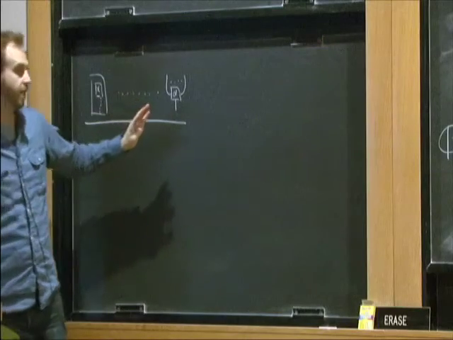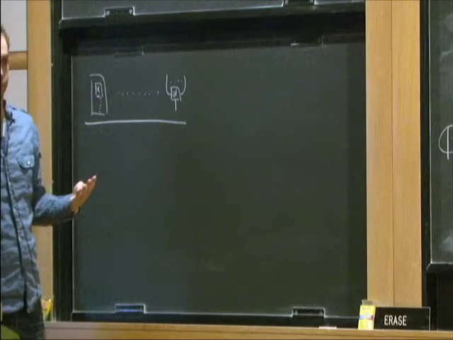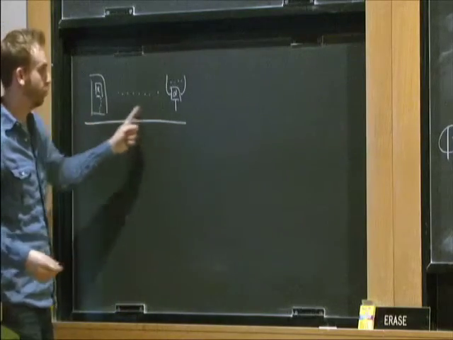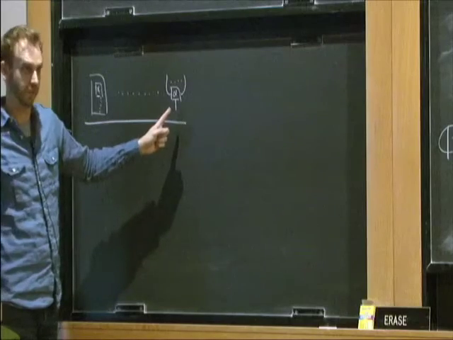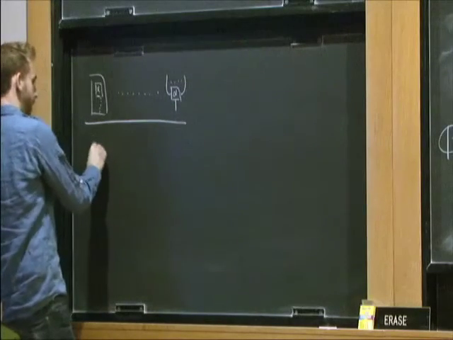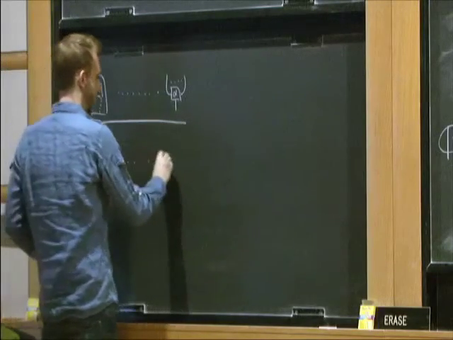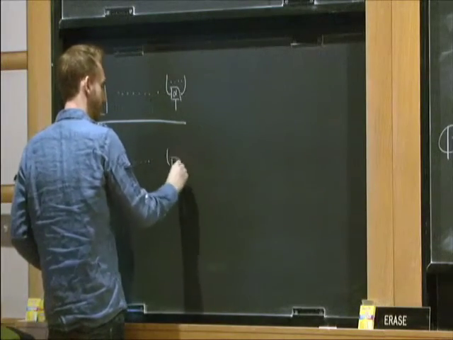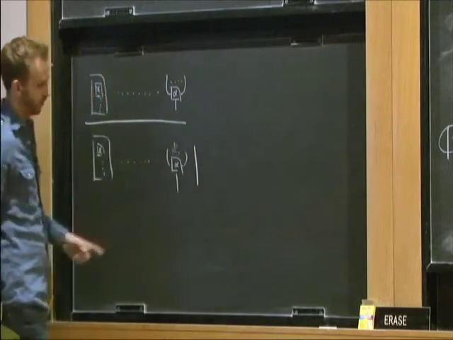Okay, so I should say that the formulas of this logic will be pasting diagrams. So suppose you produce a cell, which can be thought of as just a pasting diagram with a single cell. Then you can produce a pasting diagram one dimension higher with just a single bar.